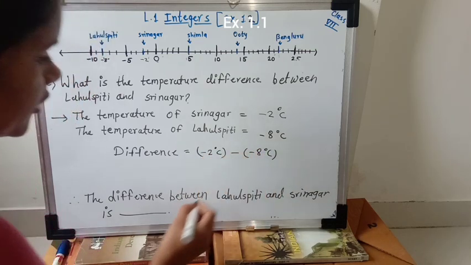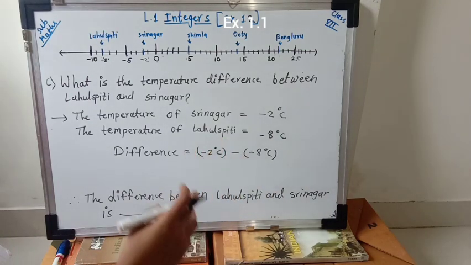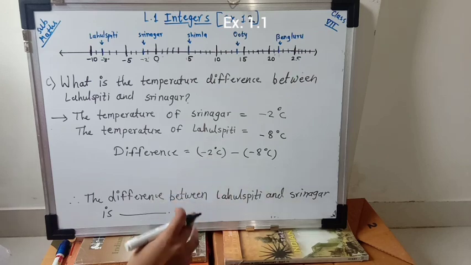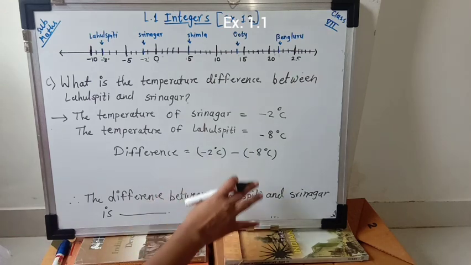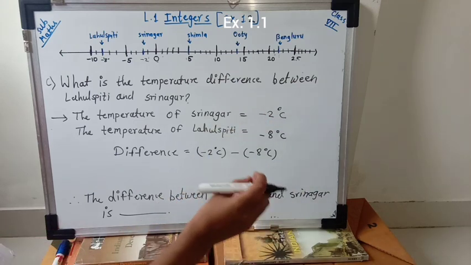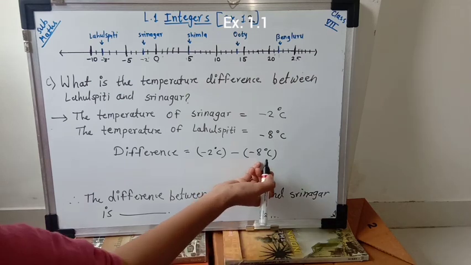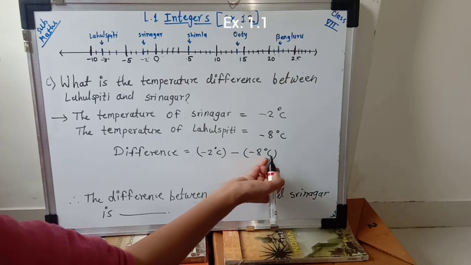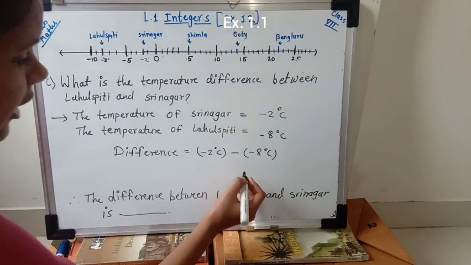Okay, again students, here we are learning integers, so again we have to see the sign. Now if any three signs are coming in one equation, always see students, change the sign of the second integer. It is very easy to solve the example correctly. So here let's change the sign of the second temperature, minus 8 degree. Minus minus becomes plus.